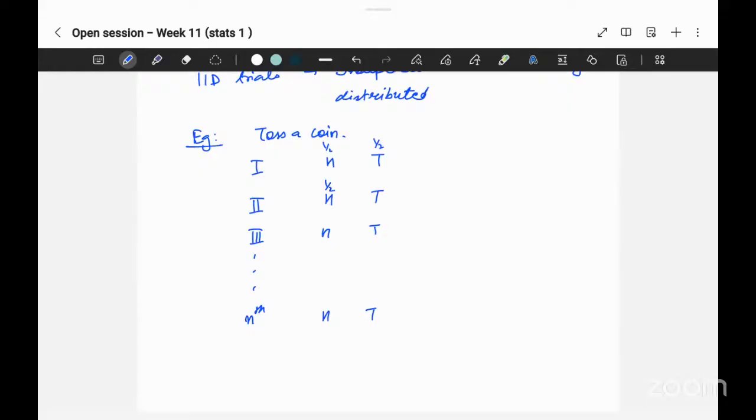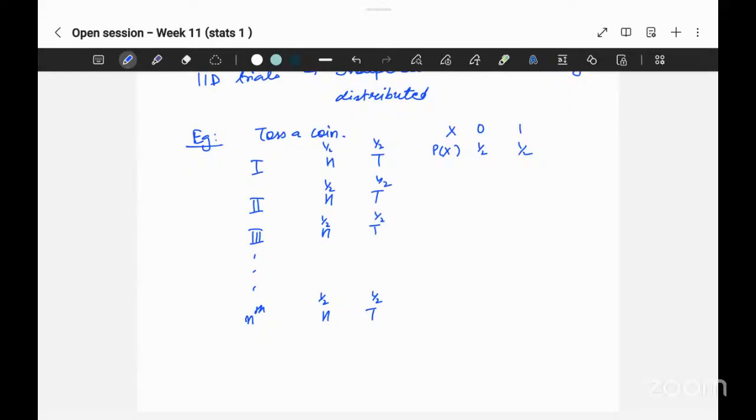Similarly, for the second toss also, I'm having the same distribution, correct? Yes or no? Till the nth. If I do n tosses also, I'm having the same probability. That means if my x is taking 0 and 1, the probability for the first toss is 1 by 2, 1 by 2.